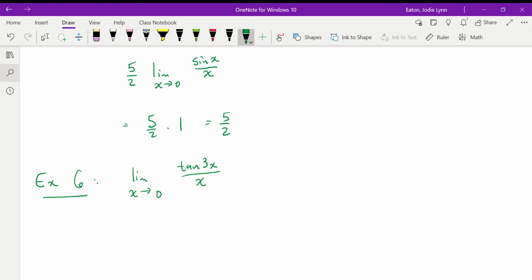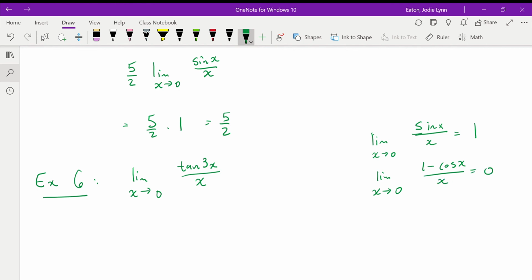So we want to think about what formulas we have. We know that we're going to 0, so we know the limit as x approaches 0 of sine x over x equals 1, and the limit as x approaches 0 of 1 minus cos x over x equals 0.